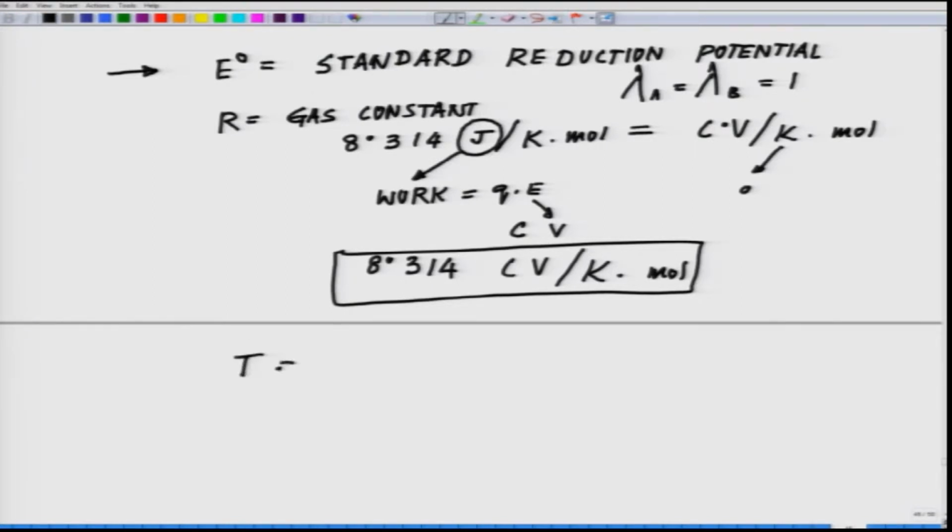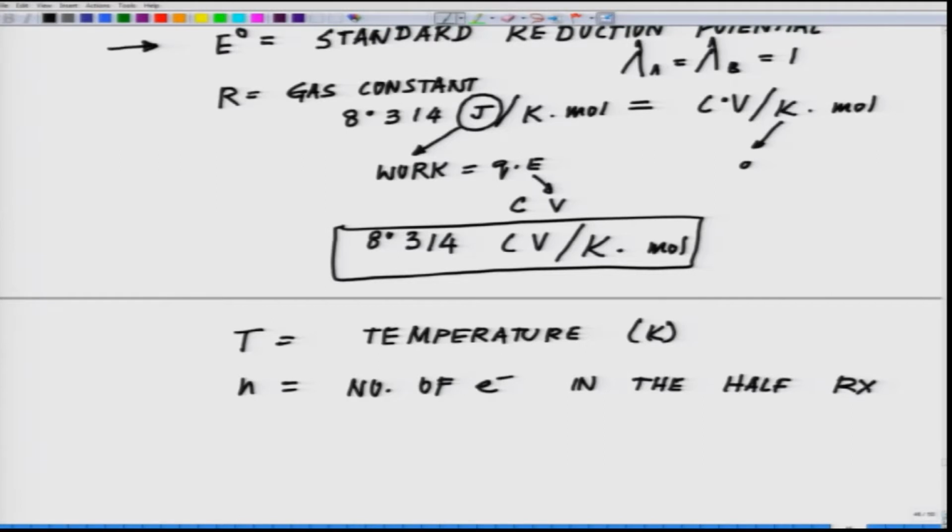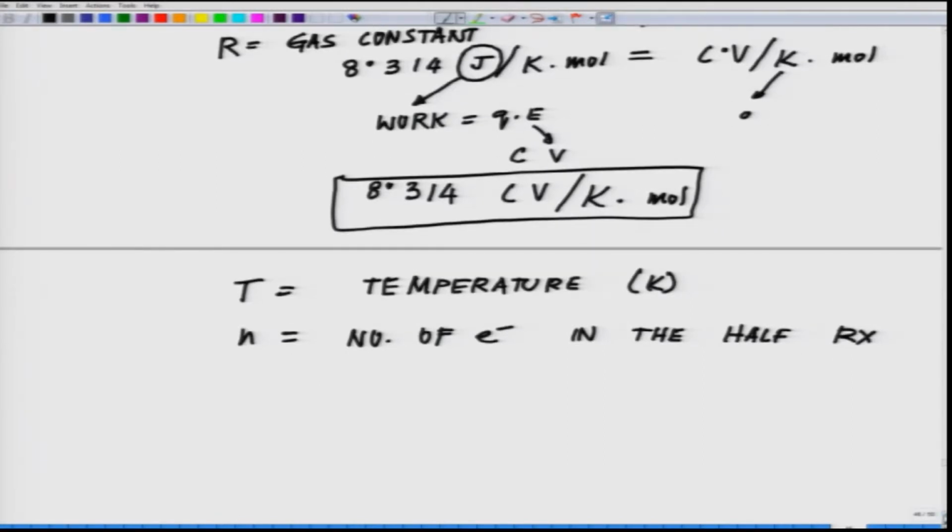Then T is temperature in Kelvin, and then we have n, which is equal to number of electrons in the half reaction. So, remember, whenever we are doing the Nernst equation, you have to ensure that we do the comparison with the same number of electrons, okay.